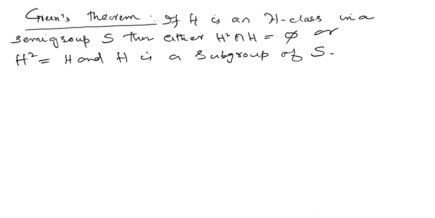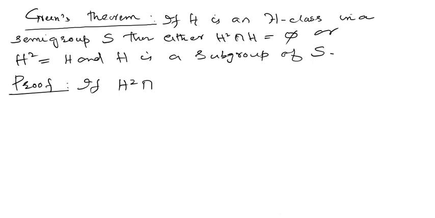Proof. If the intersection is empty, then we have nothing to prove. H is a semigroup, but H is a subgroup.